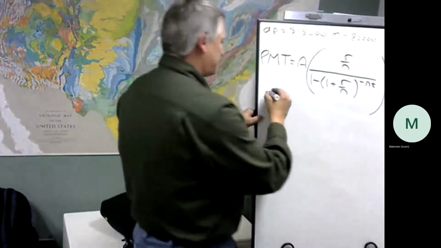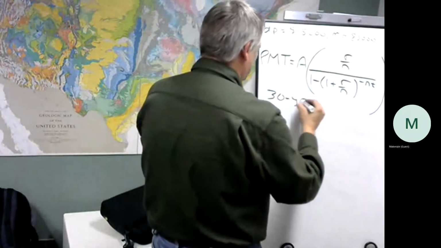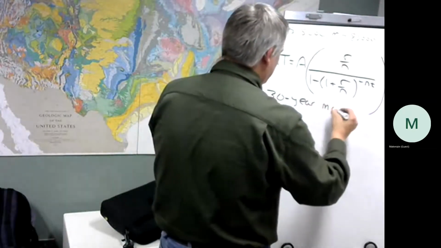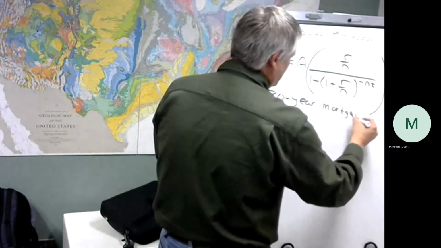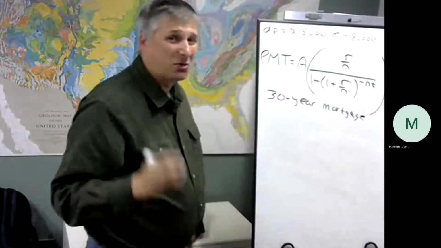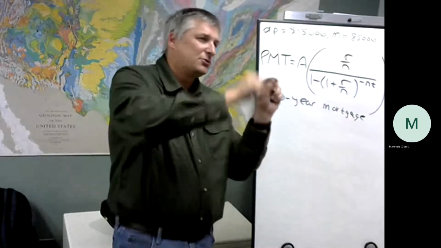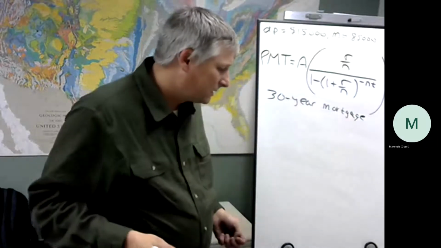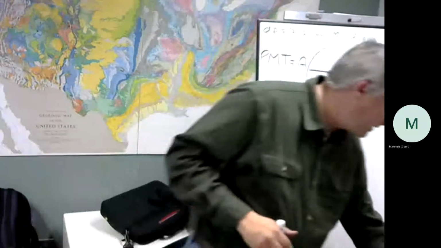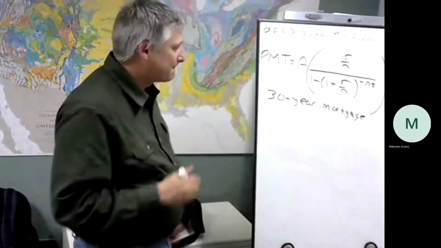Now let's say we have a 30-year mortgage. That means we're going to make monthly payments for 30 years. They'll usually tell you it's a fixed interest rate. That means the interest rate won't change over time. Now for this, the interest rate for the mortgage was 6%.